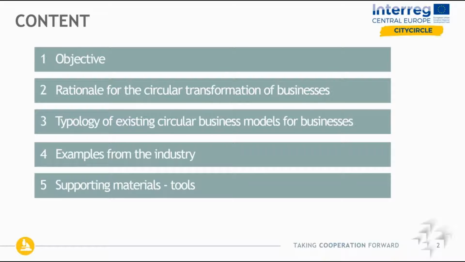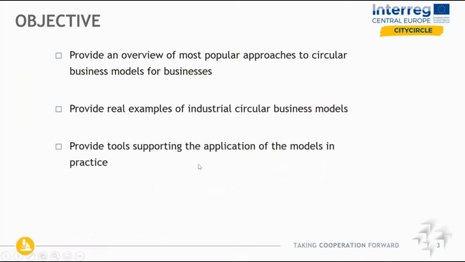We'll go to the rationale for the circular transformation, some types of existing business models. I will show some examples from the industry to illustrate the circular business models, and I will briefly show some supporting material and tools as a starting point, as I think the topic will remain with us during the course of the project.